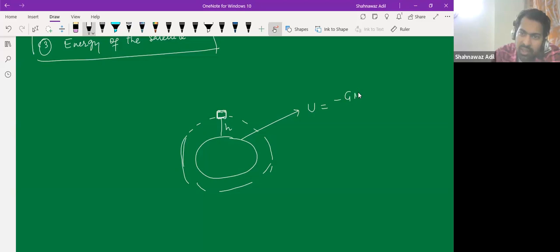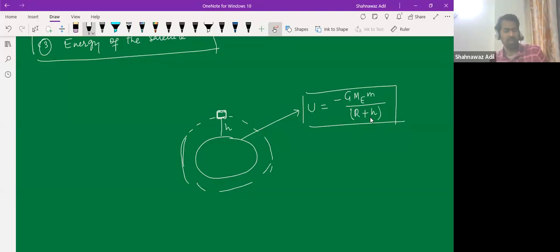Minus GMeM divided by R plus H. This is the potential energy, right? So this means that if I am here, Earth is pulling me down with this much energy.